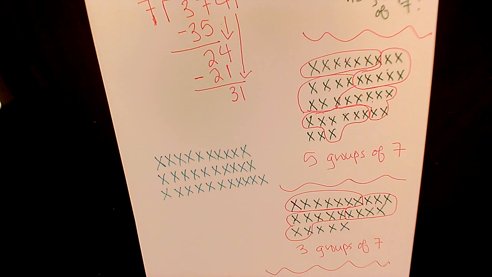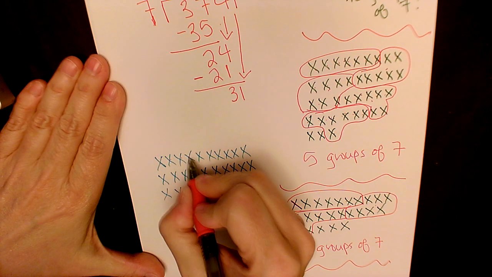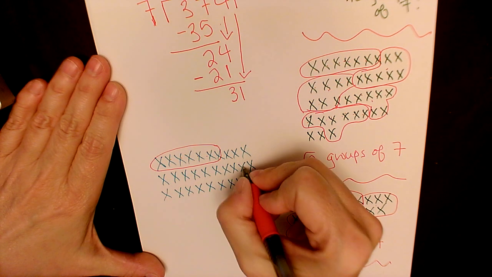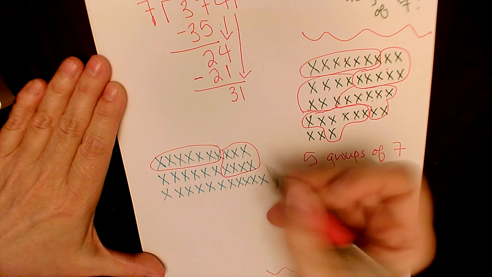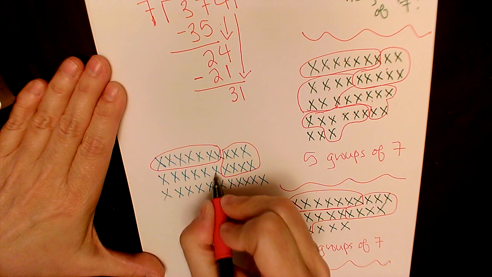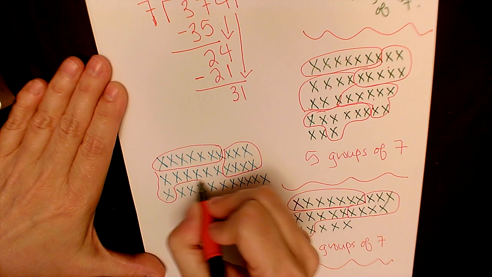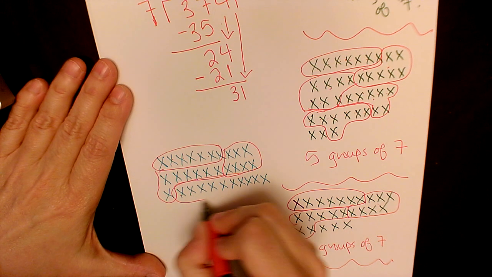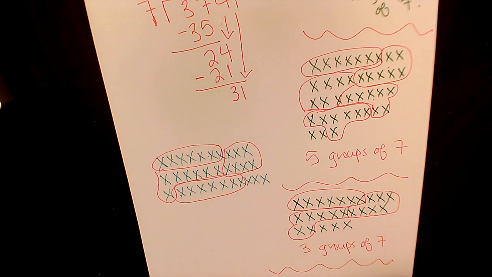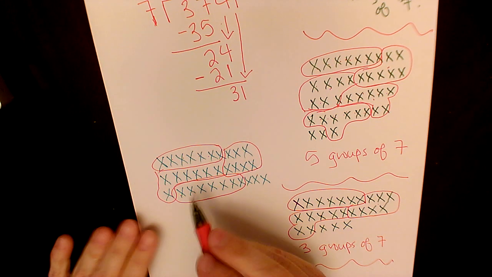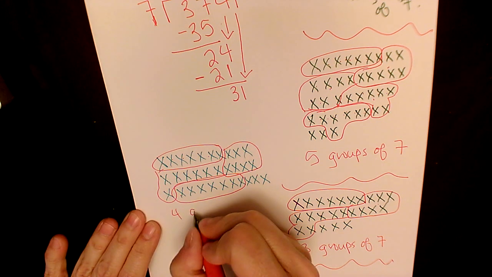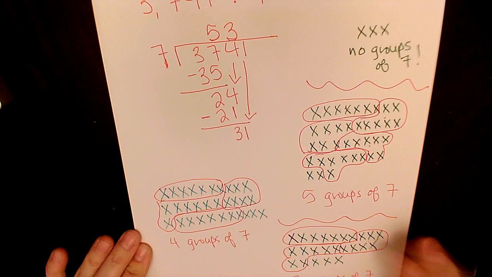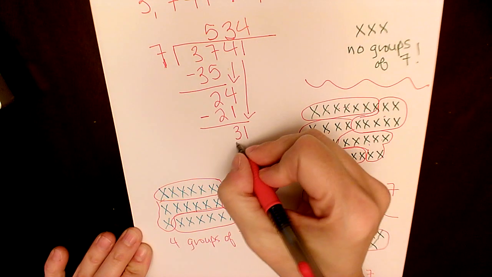How many groups of 7? Here's 1. Here's 2. Here's 3. 1, 2, 3, 4, 5, 6, 7. Okay, so that's 7, 7, 7, and 7. That's 4 groups. That's 28. So it goes in 4 times.